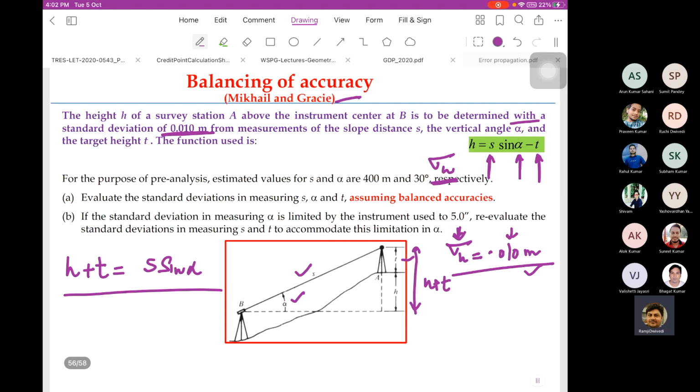You have to be logical enough because you are well aware of instrumentation and of the task accuracies which you have achieved in the past. You have to tell him logically, that means mathematically, whether your office or your firm is capable enough of achieving this kind of sigma or standard deviation in the height measurement which you are demanding.